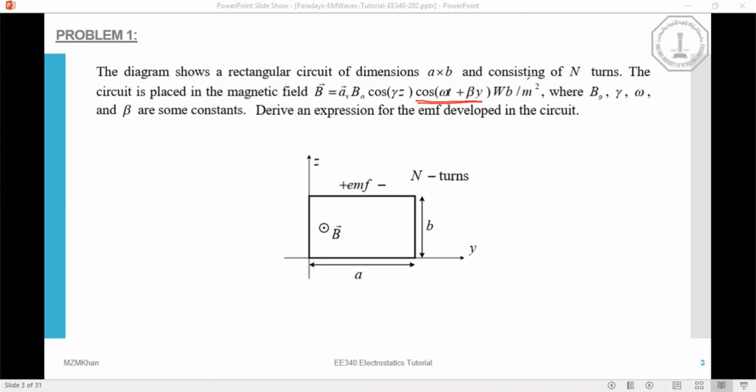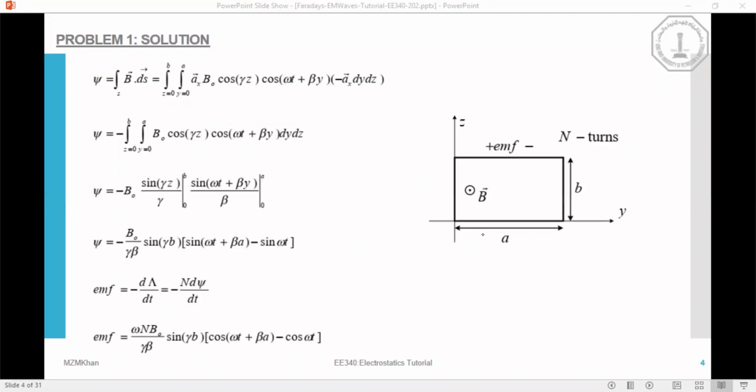As we have already taken in the lecture, the easiest way to address these kinds of problems is to use Faraday's law, which says EMF is equal to minus N d psi over dt, or minus d uppercase lambda over dt, where my uppercase lambda is nothing but n times psi.